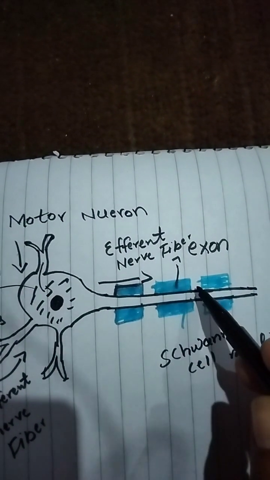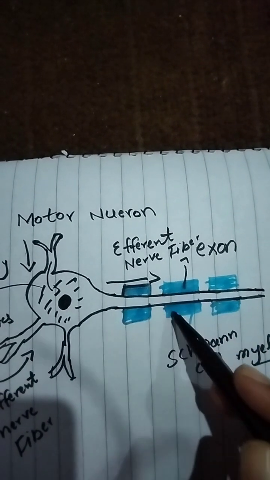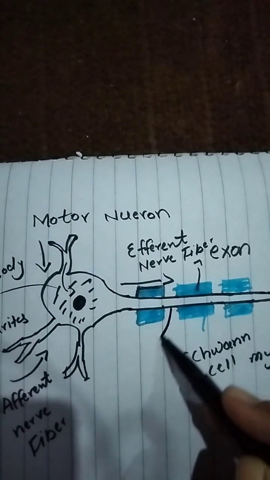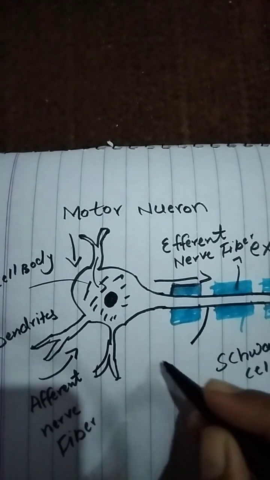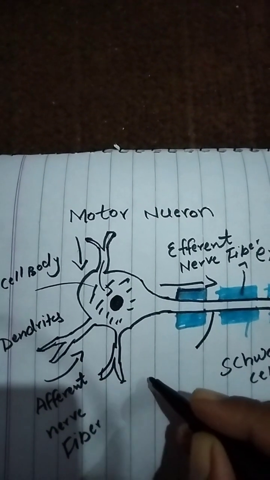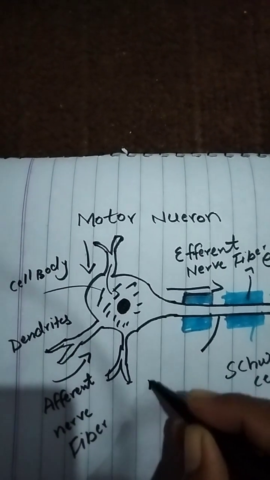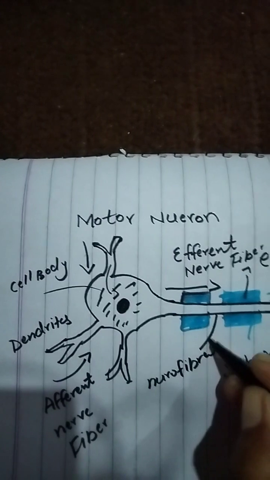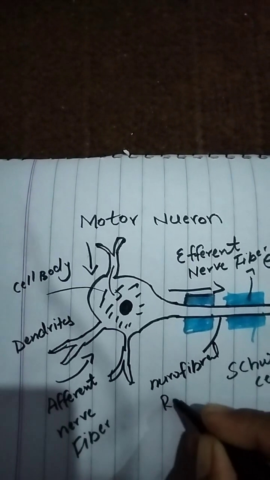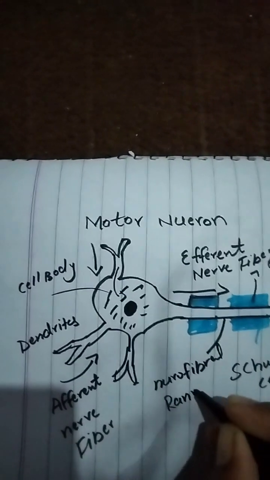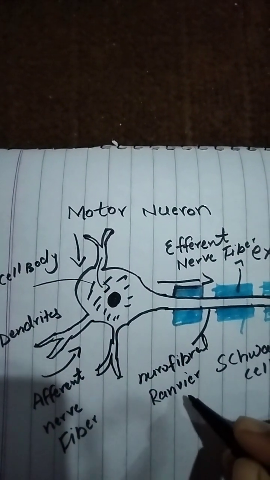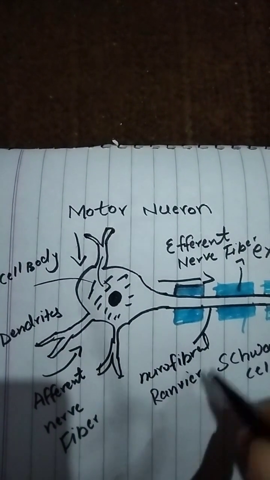The space between two Schwann cells is called the neurofibril node, also called the node of Ranvier.